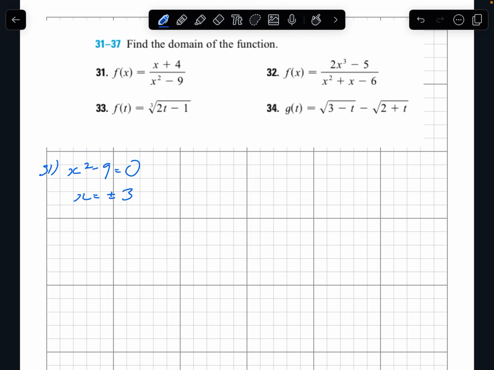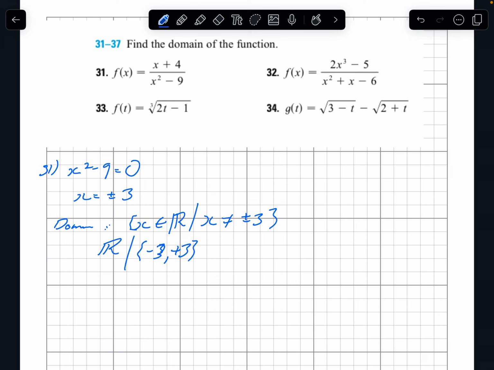So our domain is x in the reals such that x does not equal plus or minus 3. Right, that's one way of writing it. Or you could write it as the set of reals without the numbers minus 3 or plus 3.